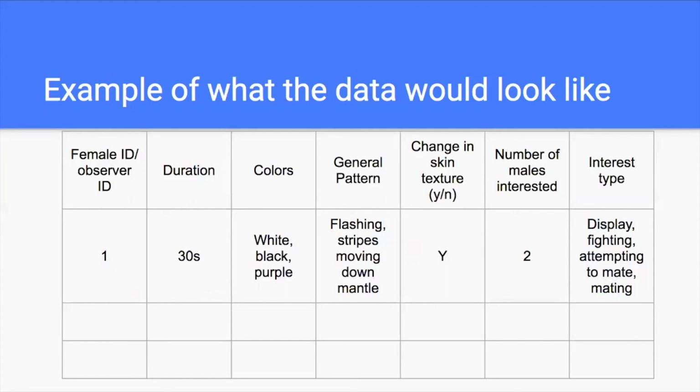So the example I used here was flashing, where they either changed colors all at once or stripes moving down the mantle. And if there was a change in skin texture, or if they changed the colors of their skin to look like a change in skin texture, as well as the number of males that showed interest in that particular female's display, and the interest behavior type.